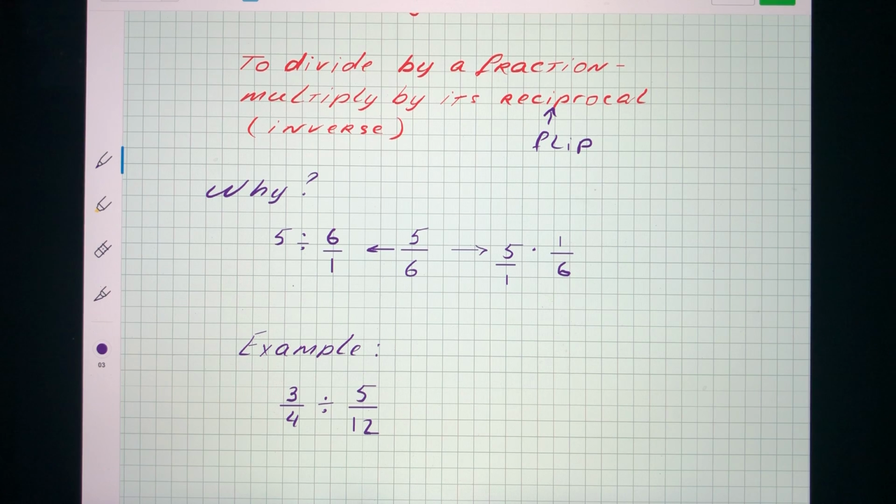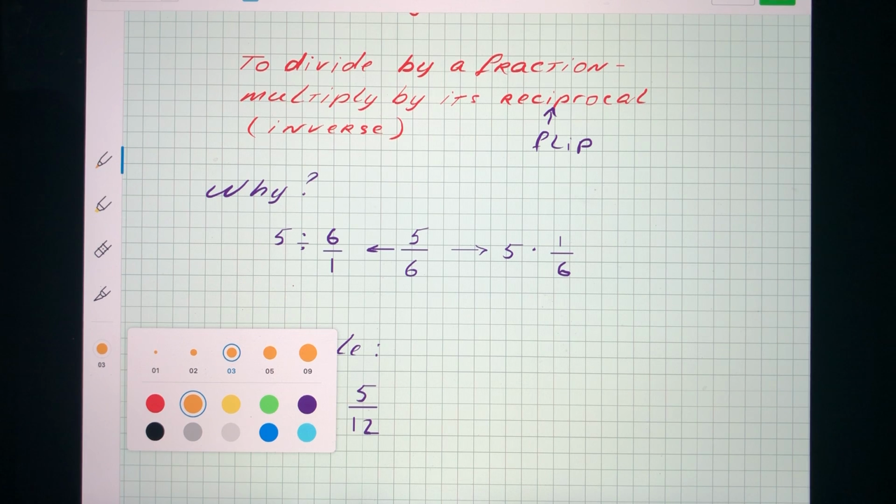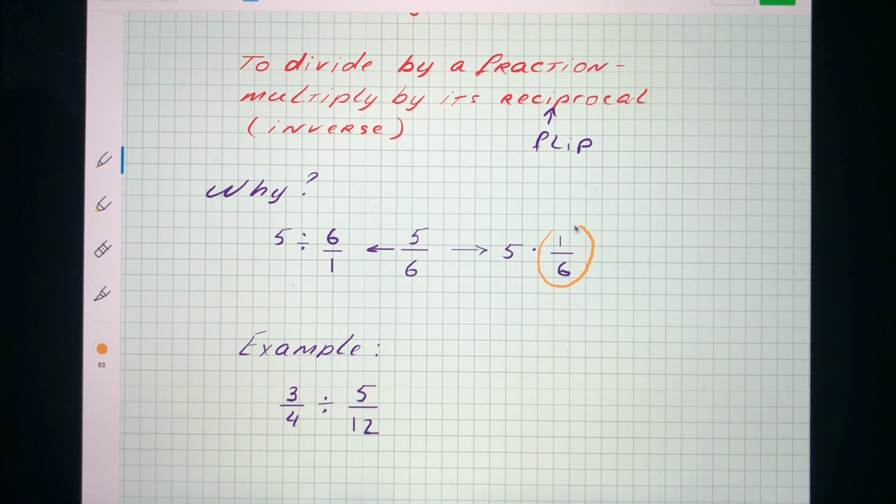So what we see here is the same exact situation. 5 divided by 6 can be written two different ways, one as a multiplication by the inverse of what we were dividing by. Here we're dividing by 6, and to do this, it is the same as multiplying by the 6 upside down, or 1 over 6. That is exactly the procedure that we're using each time we're dividing by a fraction.